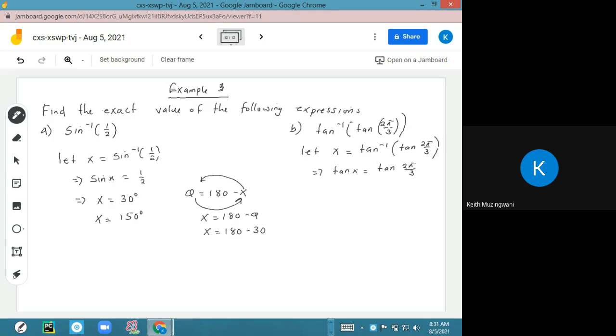Now 2 pi over 3 is an angle. The only way these two angles can be the same is if they are coterminal, or they are reference angles.